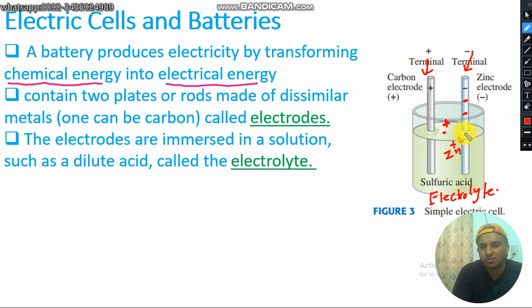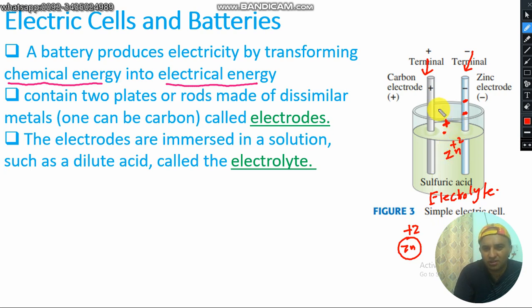So when the zinc is dissolved in this electrolyte, it loses two electrons. Zn loses two electrons that remain on the metal surface, and the zinc gains a positive charge, Zn plus 2, dissolved in the electrolyte.